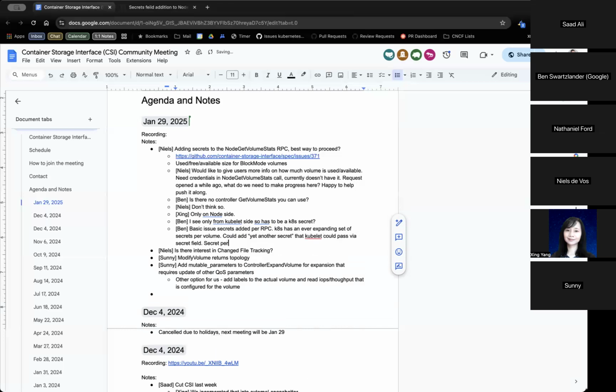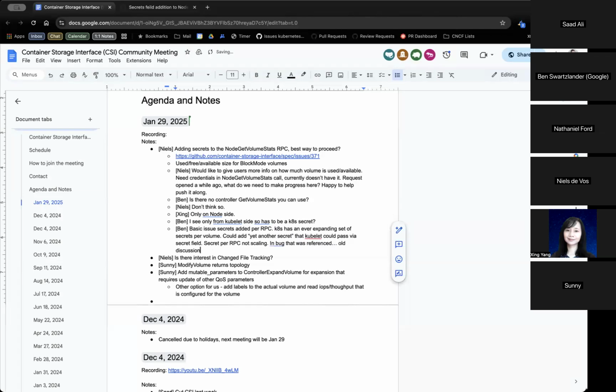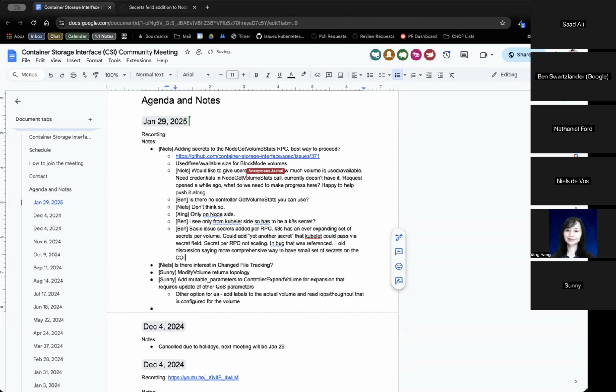I think in the bug that was referenced, there's a link to an old discussion where we said what we should have is a more comprehensive way of specifying a small set of secrets on the CO side, and then some mapping that defines how those secrets get passed to different RPCs, so that it's not just that every single RPC has its own secret.